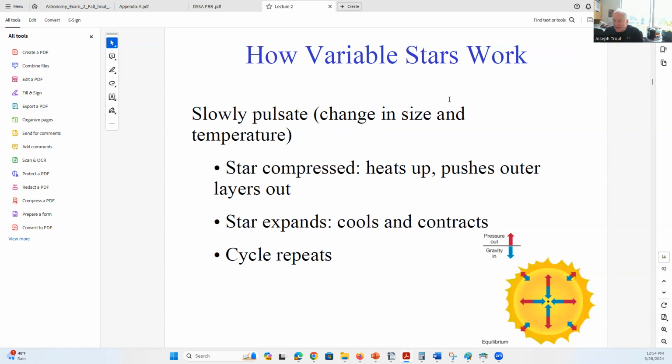When a star compresses, it heats up and pushes out on the outer layers. And when a star expands, it cools and contracts. So for these variable stars, it keeps repeating. It'll compress and heat up and push out, and then it'll cool off and contract, and it'll go back and forth like this. And the cycle keeps repeating.